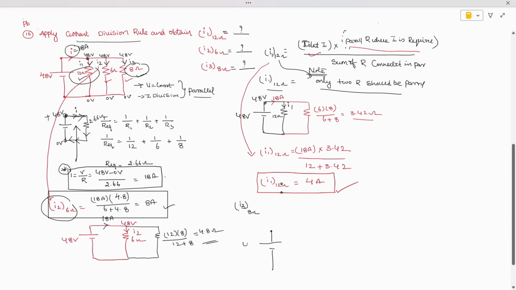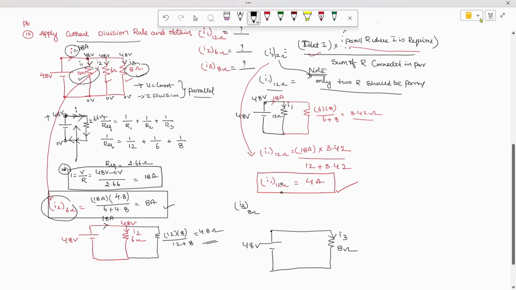So what is the voltage? 48 volts battery, and here I have that resistor, which is nothing but I3, and the value of this resistor is 8 ohm. So here in this branch you need to find out. But when you see here, 12 and 6 we need to convert into one single resistor. These two are connected in parallel. So then you are going to get one single ohm resistor. Okay, so this is a single ohm.